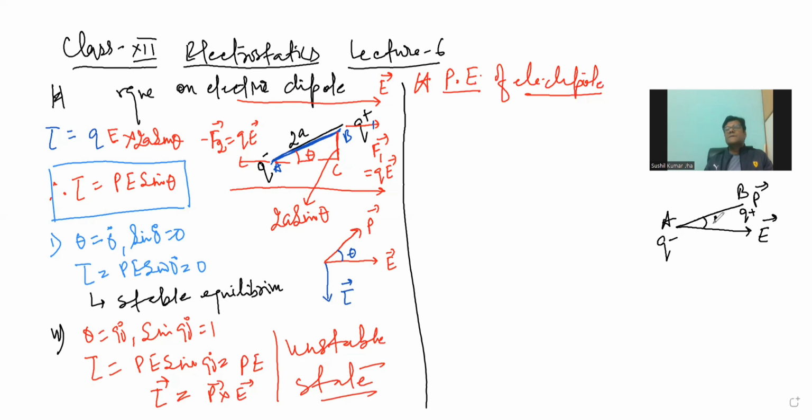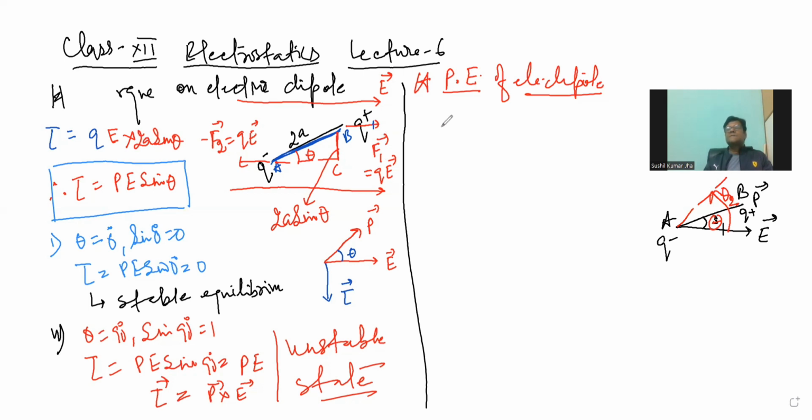Let's say it makes angle theta 1. Now if we change the orientation of this electric dipole and make it theta 2, so whatever work is done, that is stored in the form of its potential energy, work done to change its orientation or angle.